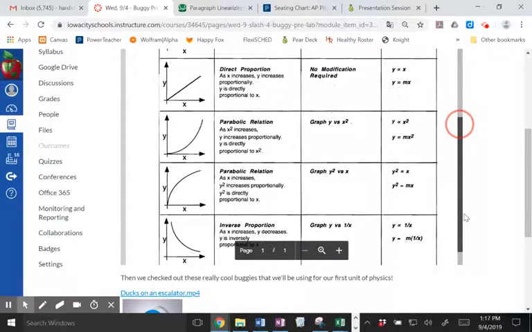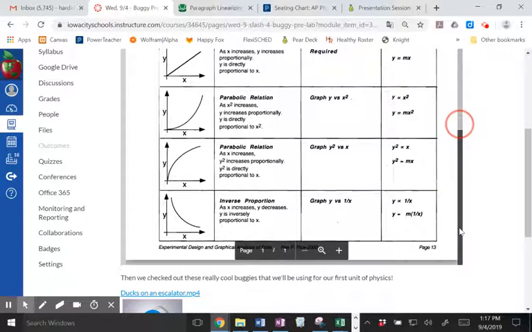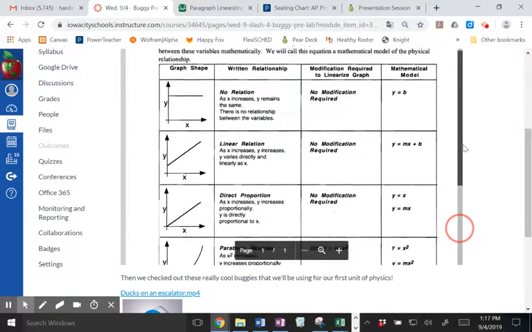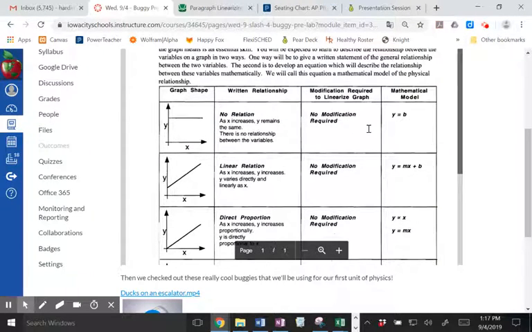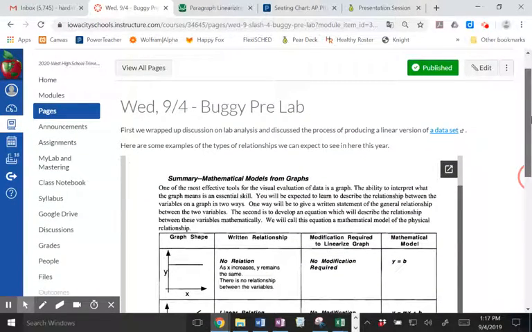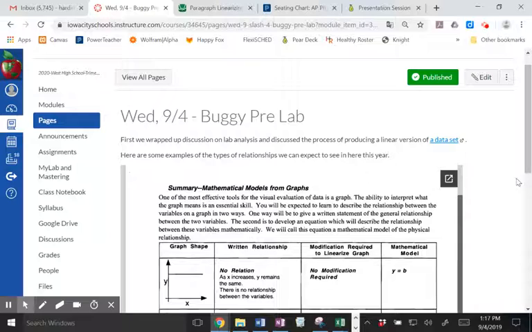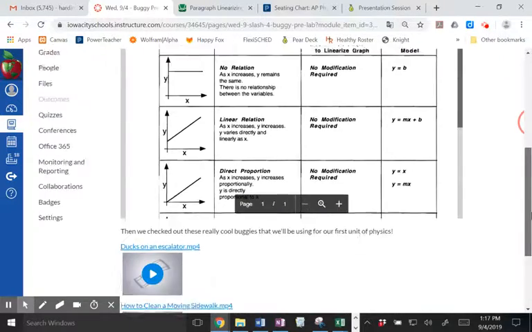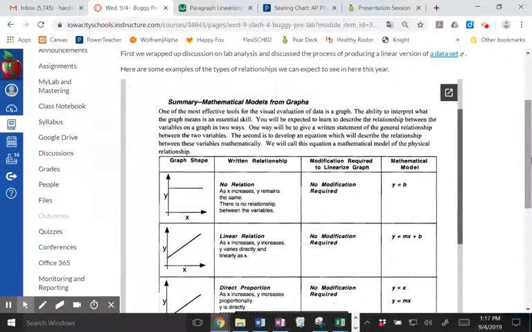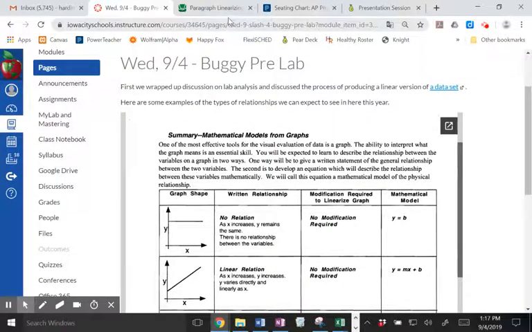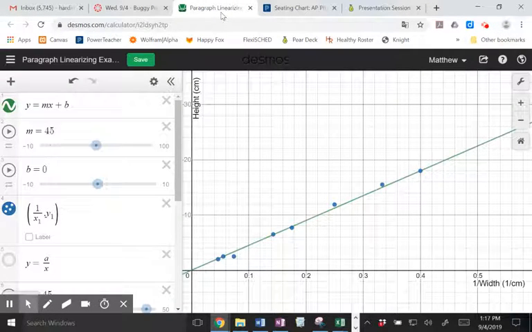We'll encounter some y squared equals mx, and then this thing, which is y equals m times 1 over x. And this chart includes the modification required to linearize the graph, okay? So that's there for you. All right, and this video exists too, and I'll link back to it later when we need it. So that's how to linearize a graph.